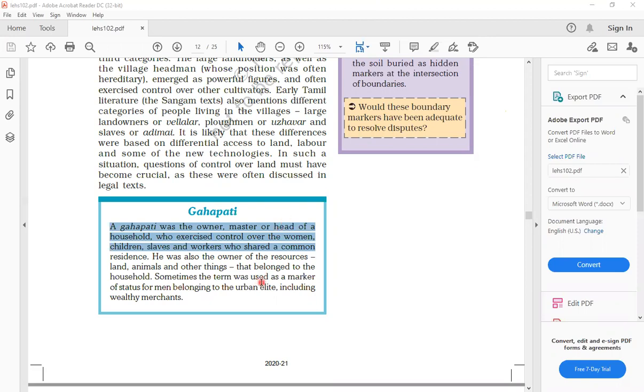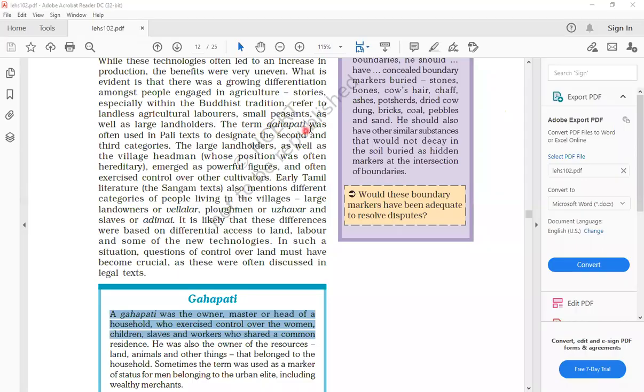Where you can find this, I will tell you. Here you can find this term. This is also a correct definition. If you write these two, both are correct.